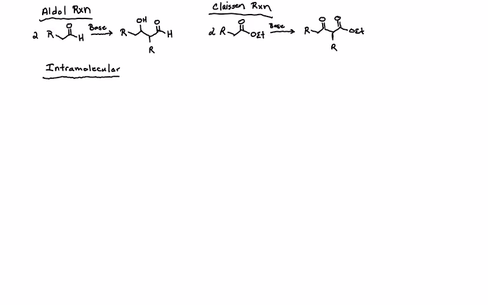So, for example, if we're talking about an intramolecular aldol reaction, that means that we would need to have a compound that has maybe an aldehyde on one end and an aldehyde on the other end.